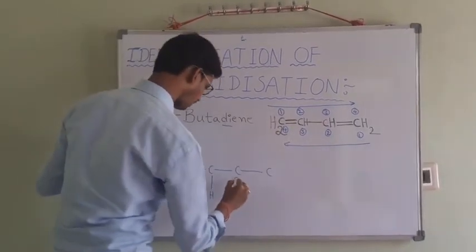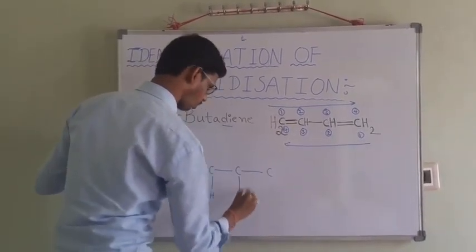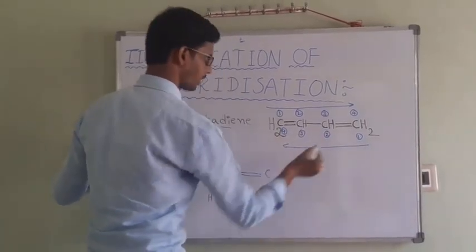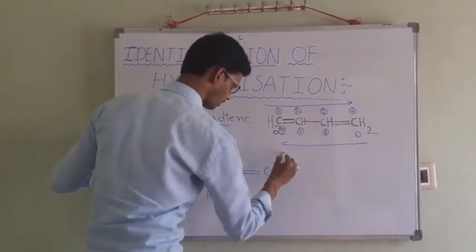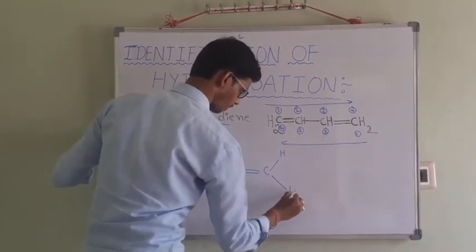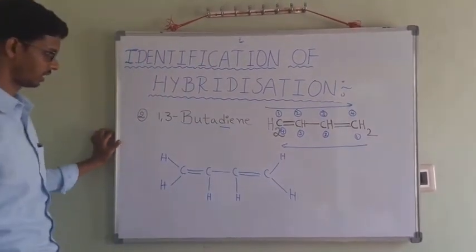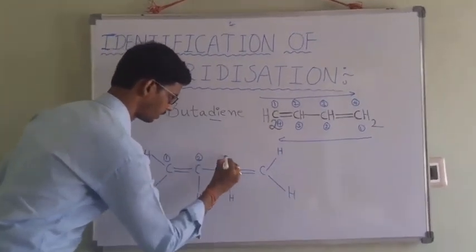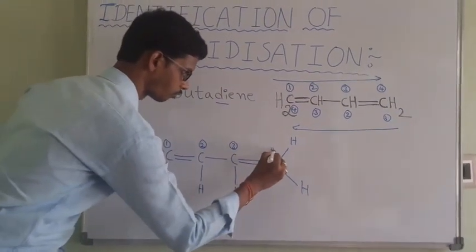The third carbon also has 1 hydrogen. Next, write the double bond as it is. Next, 2 hydrogens. Okay, this is the first carbon, second one, third one, fourth one.